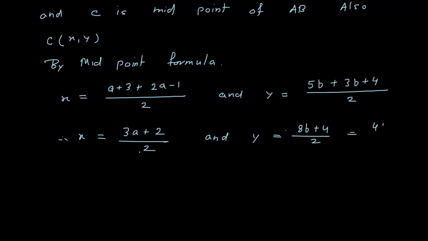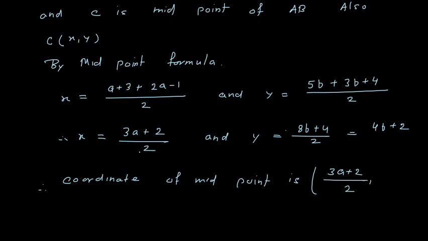Okay, so therefore coordinate of midpoint is 3a plus 2 divided by 2 comma 4b plus 2. This is the coordinate of midpoint.